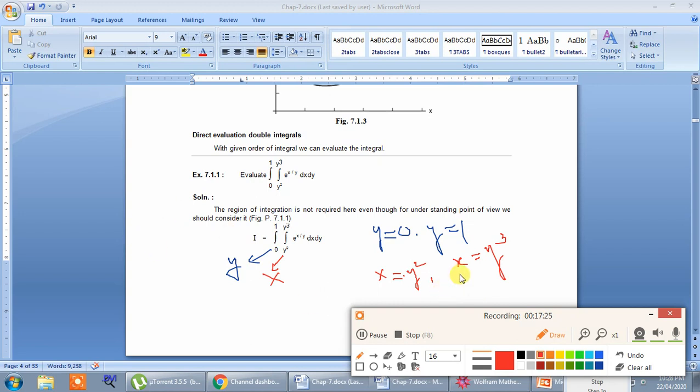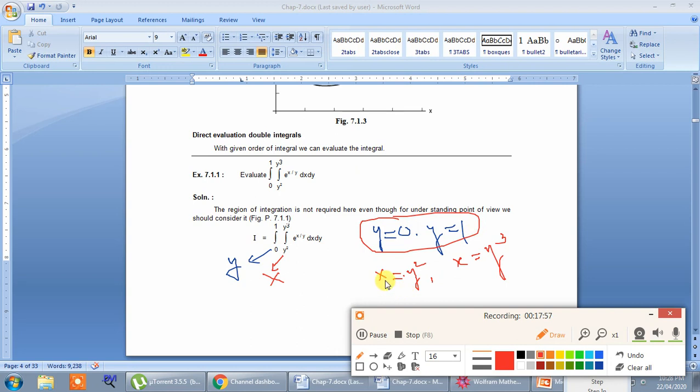The first curve obviously is a straight line. So y equal to 0 is the equation of a straight line, a very special line, that is your x-axis. You know that the equation of x-axis is y is equal to 0 and the equation of y-axis is x equal to 0. So the first curve is the x-axis, and the second curve is again a straight line which is parallel to the x-axis at a distance 1. So these two are straight lines, y is equal to 0 and y is equal to 1.